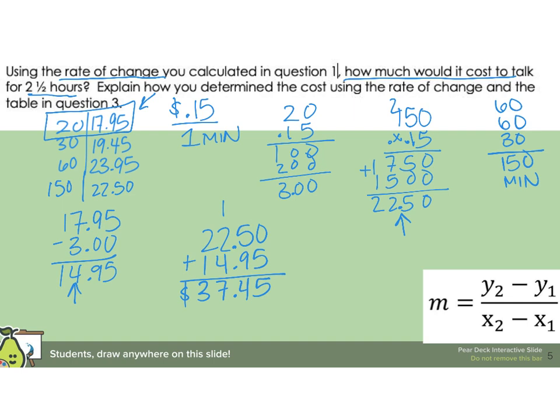So my bill would be $37.45 if I talked for 2.5 hours. Now that makes a little bit more sense because 1 hour is 23. So 2 hours, right? It should be a lot more. So not just a few dollars, and it certainly shouldn't be cheaper. So $37.45 is my final answer for this one.